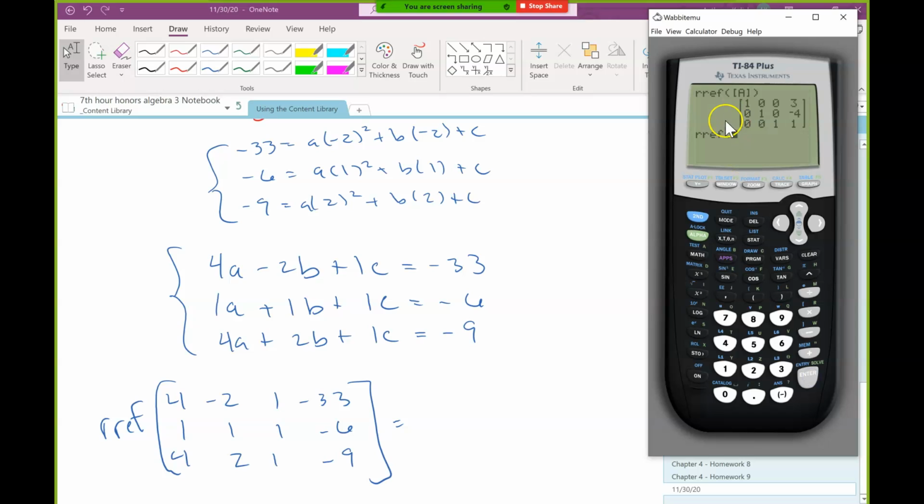So once I've picked the command rref, I'm going to do that on that matrix I created that I called matrix A. To retrieve that matrix, I'm going to go back to the matrix menu by pressing second and X the -1. And then from the Names tab, I'm going to select the matrix that I just entered, which was matrix A. Close my parenthesis and press Enter.